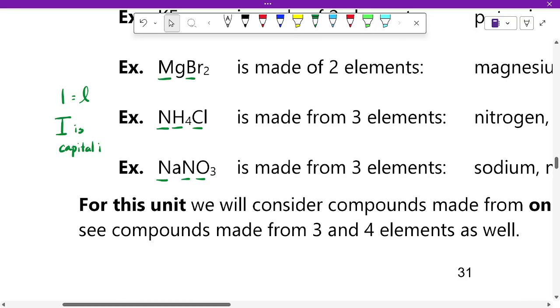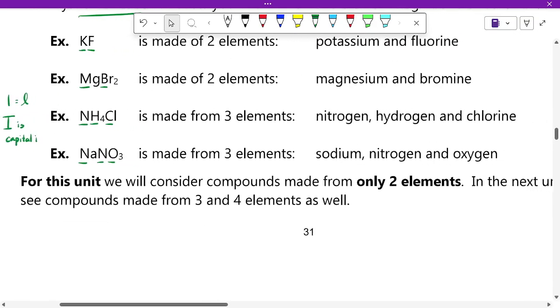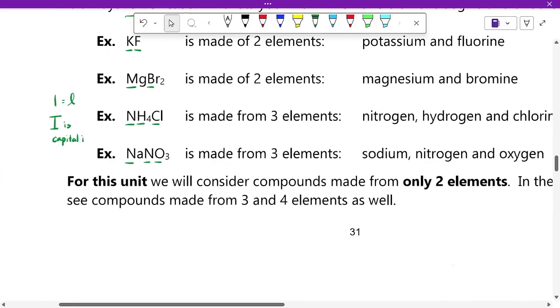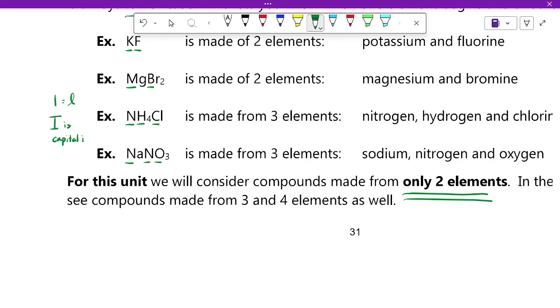But in this unit, Unit 3, we're going to consider compounds made from only 2 elements for the most part, unless I'm just asking you how many atoms of each are in there. I'm not going to have you name anything with 3 elements in it. Just things with 2 elements.